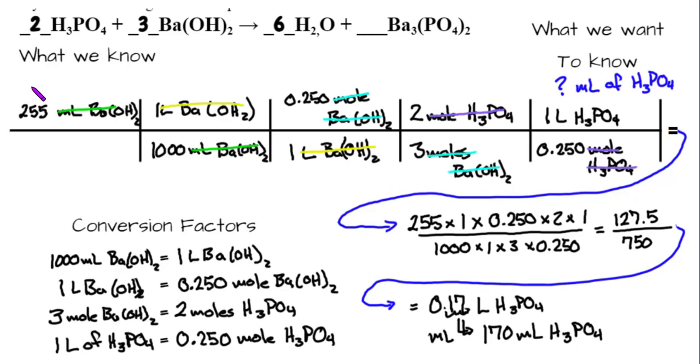And just to make things clear, I have 2 sig figs here, but then in my molarity, I have 3 sig figs here, and I have 3 sig figs here, which doesn't do anything to the number. 170 milliliters H3PO4.